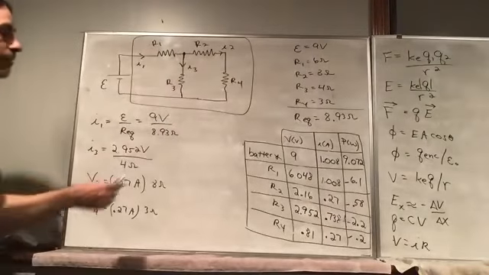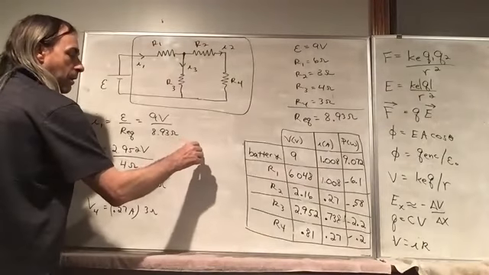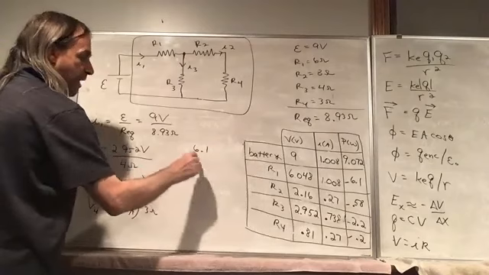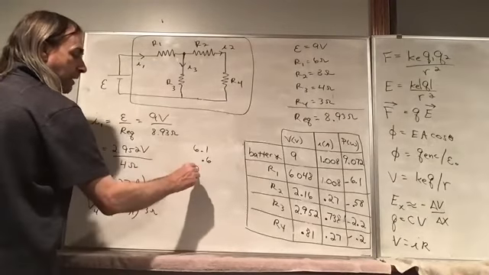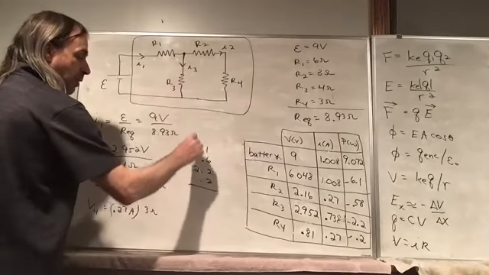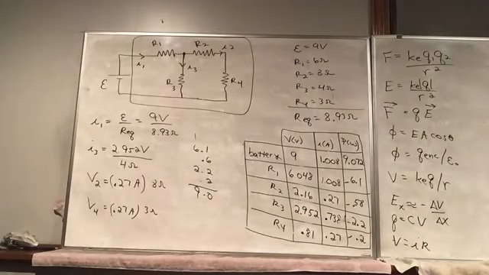So let's add this up. Let's say 9.08 is what we should get. So 6.1, 0.58, let's round that off to 0.6, 2.2, and 0.2. Oh, this will work out better than expected. It's like all the rounding errors canceled each other out.